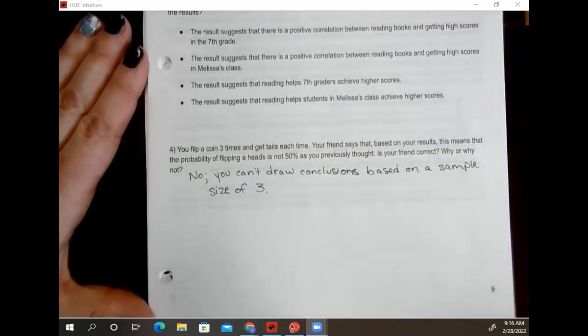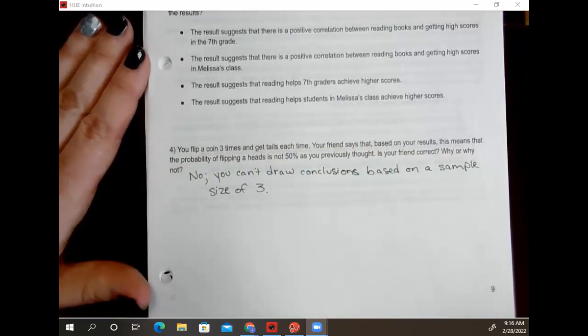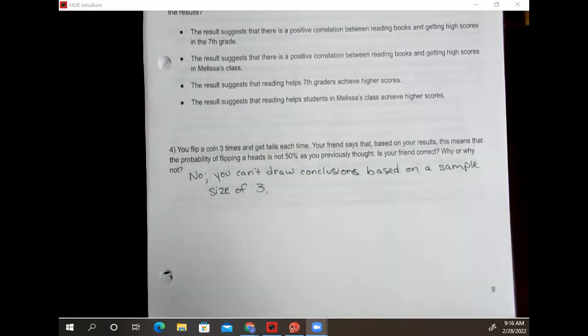Maybe I can do a simulation and flip a coin 1,000 times, and then I might have a more accurate set of data to be able to say, hey, maybe that probability is not actually exactly 50-50, based on, I don't know, the way the both sides of the coins are shaped.